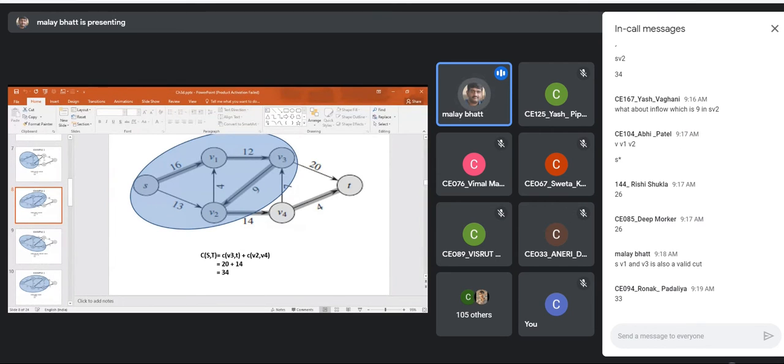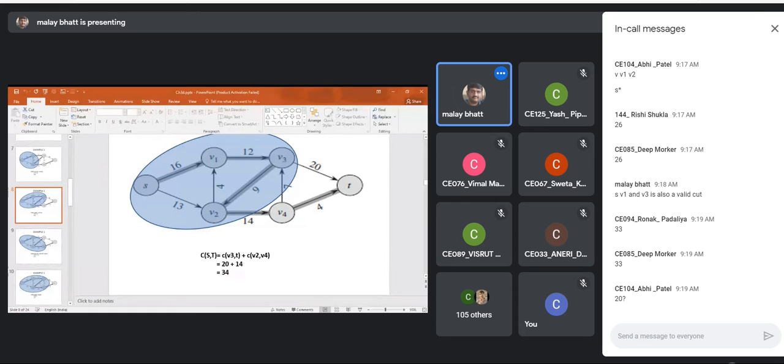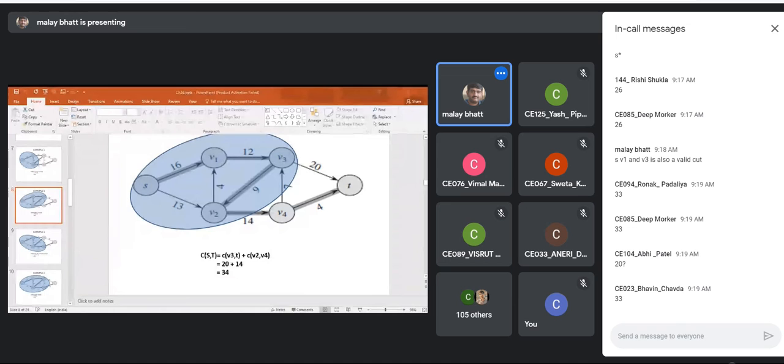Online students, it is a very simple question. Still no one has given a correct answer. Even though the question is very simple.